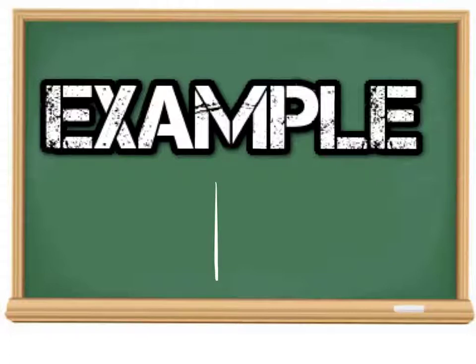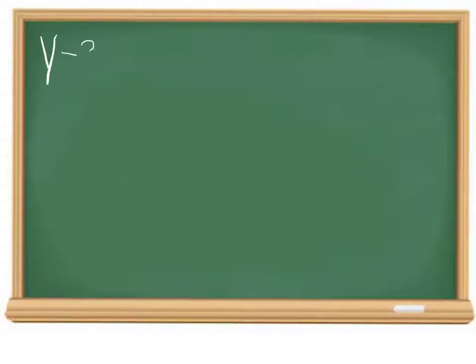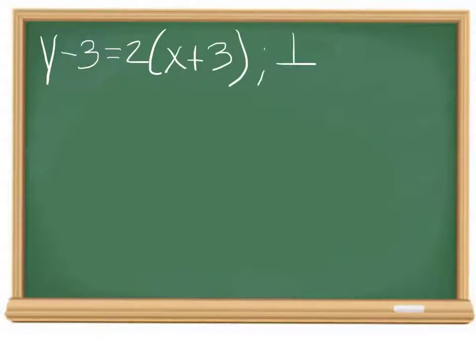Example number 1. y minus 3 equals 2 times the quantity x plus 3. We're looking for a perpendicular line, and it must pass through the point 5, 4. The first way you can do this is by changing this equation to slope-intercept form, y equals mx plus b.